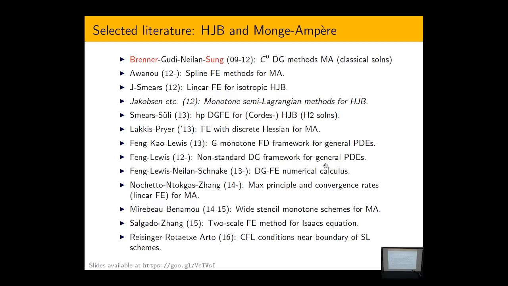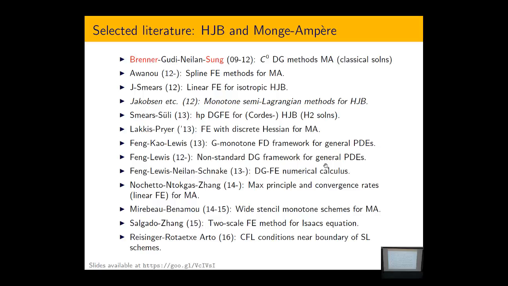Then on the Bellman side, I think we learned a lot from these papers by Jakobsen and Ali. He's certainly not the first person to think about semi-Lagrangian methods for the Bellman equation, but at least I think the paper was very nicely written, so it was very good to make our ideas clear. So this is why I would like to mention it. Of course, here in the audience we also have Brenner and Sung, who also worked on Monge-Ampère with DG methods.